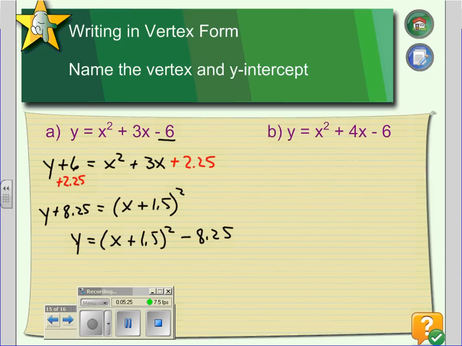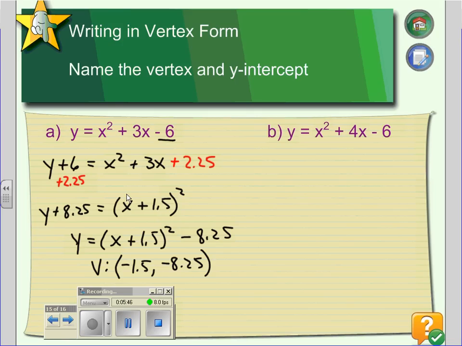Since the equation is in vertex form, we can name the vertex. The vertex is negative 1.5, negative 8.25. If you remember from way back in lesson 4.1, we translate left 1.5 and down 8.25, making that the vertex.